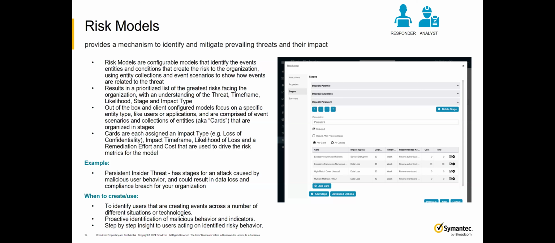Essentially what you do is you go into a risk model column, you look at the riskiest offender, and you click on that, and you see one pane of glass that shows you those 3 cards, potential, suspicious, and persistent. And then you see all of those incidents in one view and how many incidents have been triggered against that.